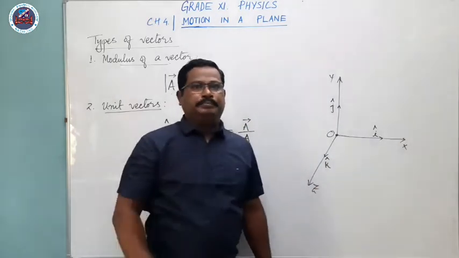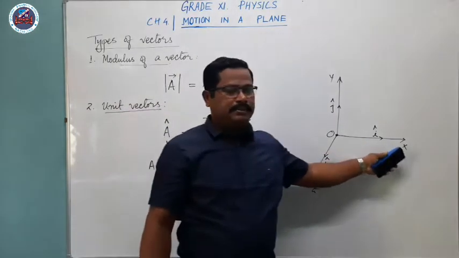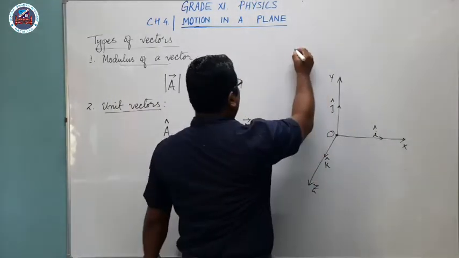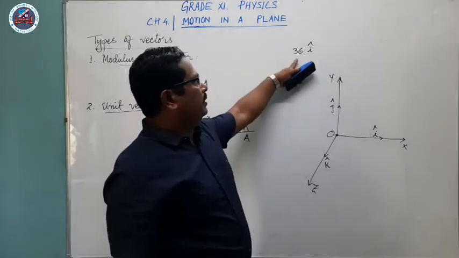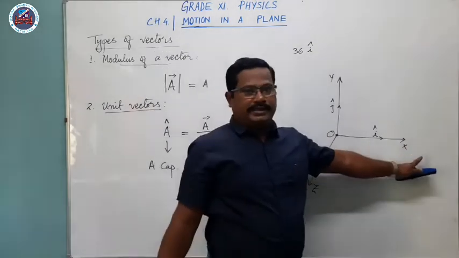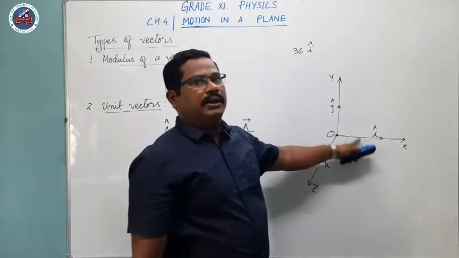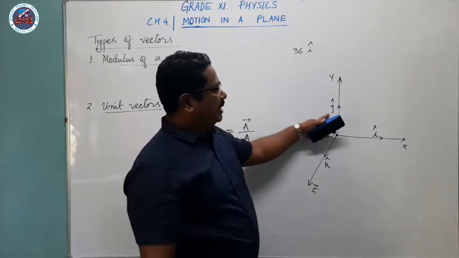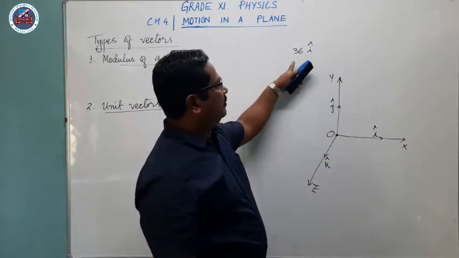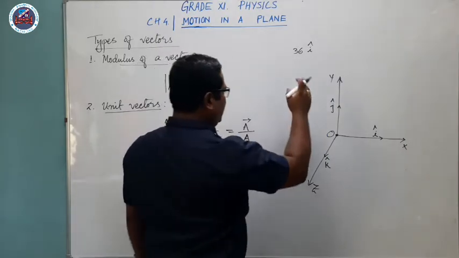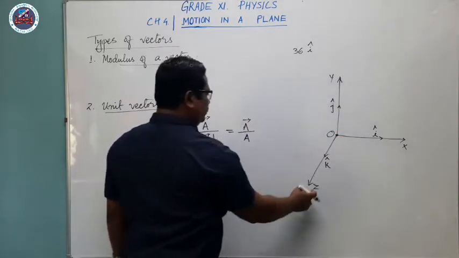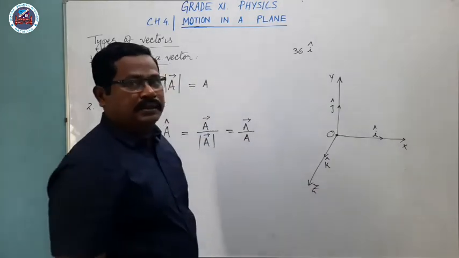You have to keep it in mind. Along the x-axis, the moment you see a value, suppose 36 i cap, you should understand that this value is along the x-axis. If you see j cap, the value represents the y-axis, and if you see k cap, the value is along the z-axis.